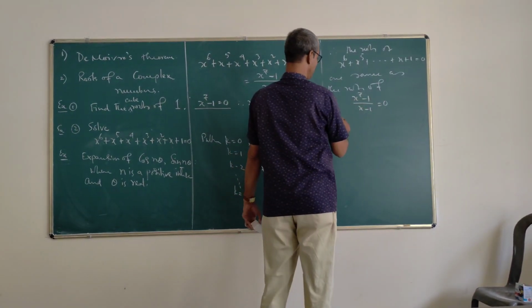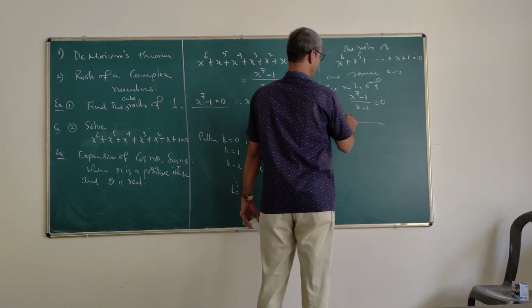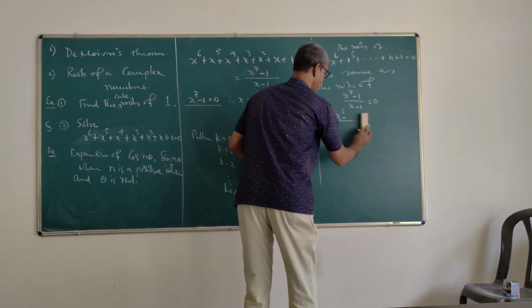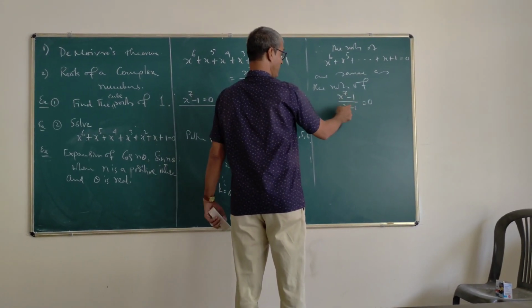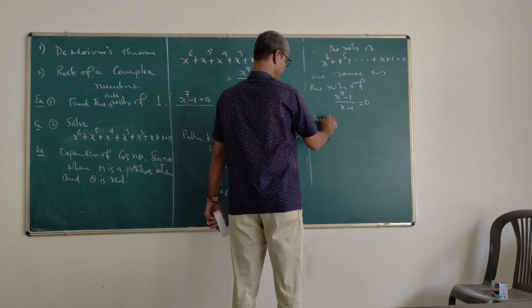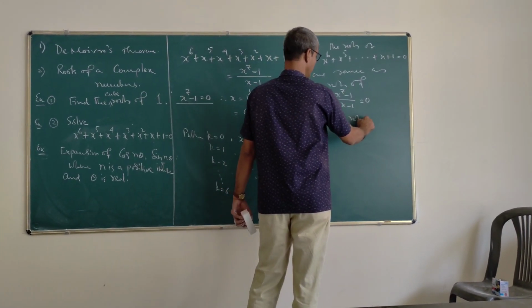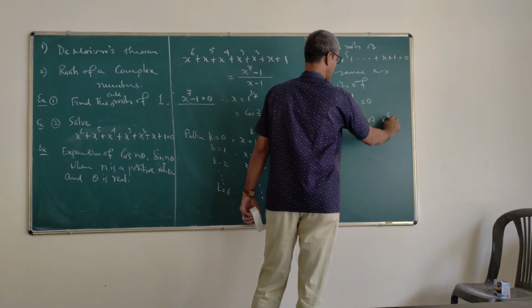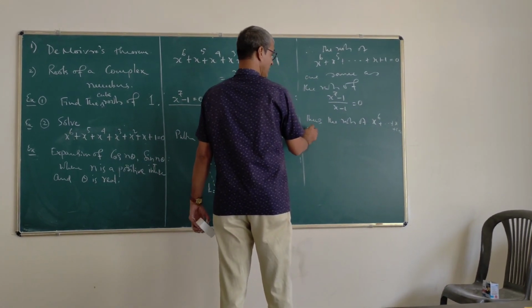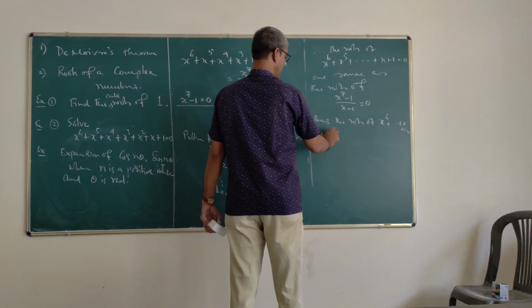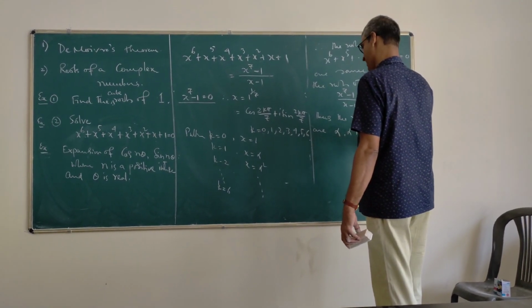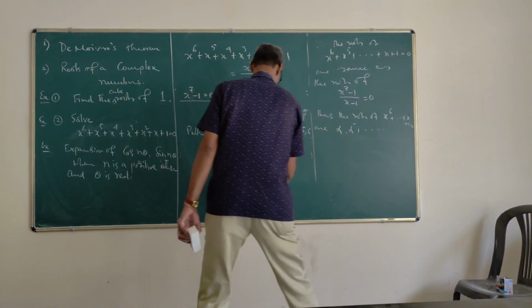So, except 1, you have different roots. Thus, the roots of x^6 + x^5 + ... + x + 1 = 0 are alpha, alpha square, and so on up to alpha 6.